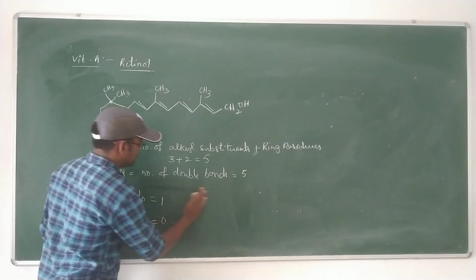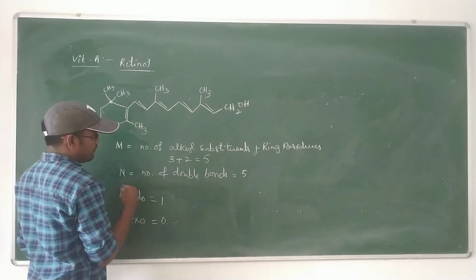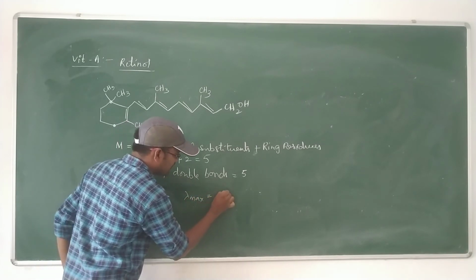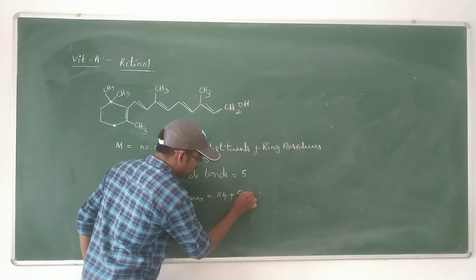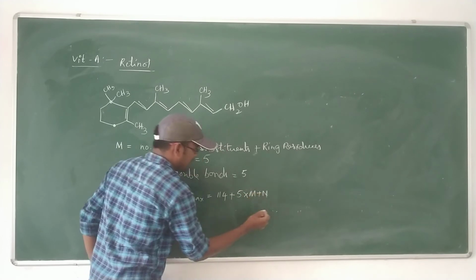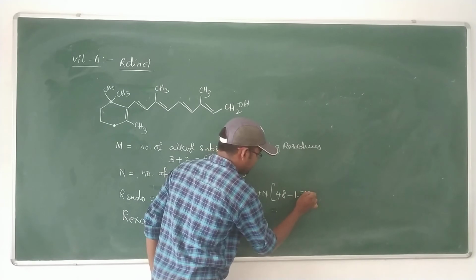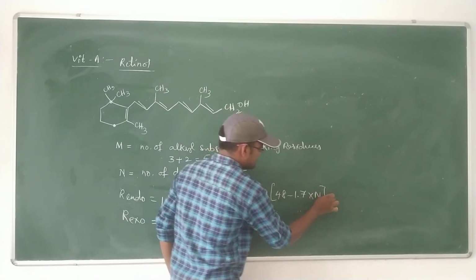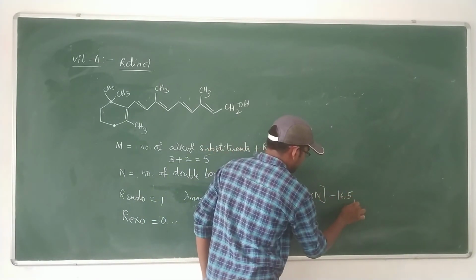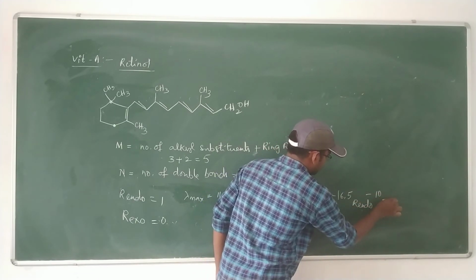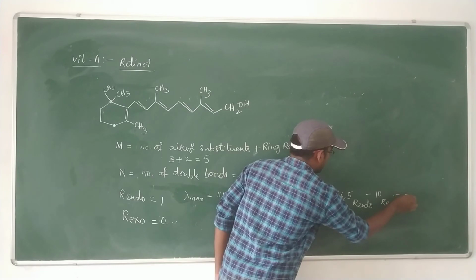Now let me substitute in the formula: lambda max is equal to 114 plus 5 into m plus n into 48 minus 1.7 into n minus 16.5 into R endo minus 10 into R exo is equal to nanometers.